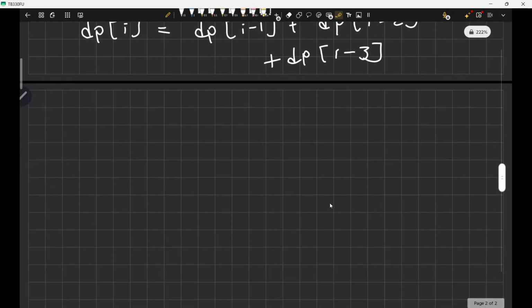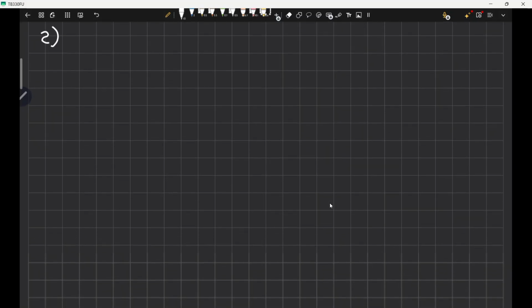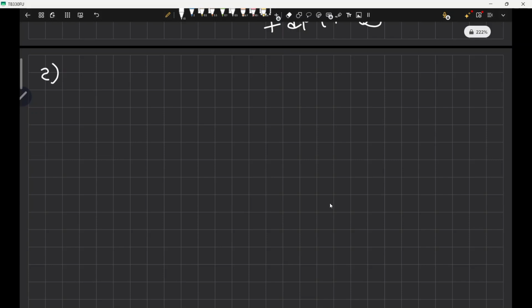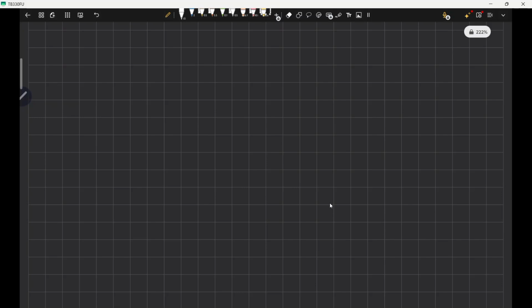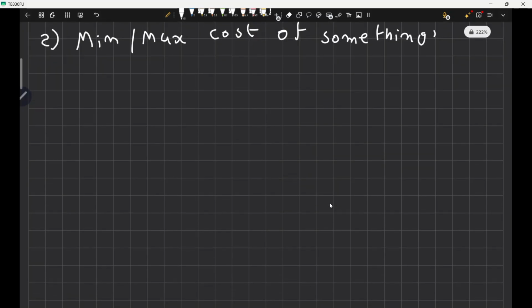Now the other type is when you have to find some minimum or maximum cost of something. Let's again take the frog jump question.